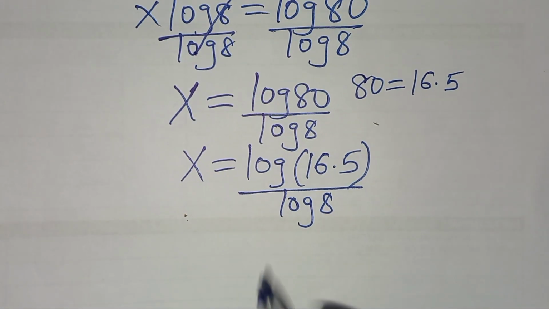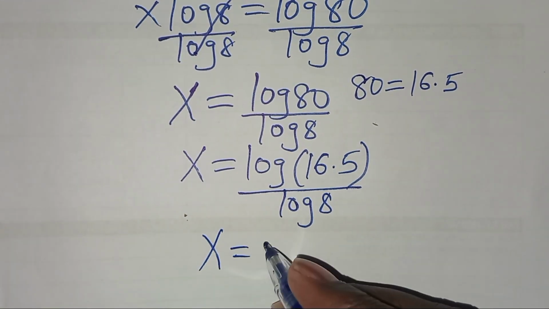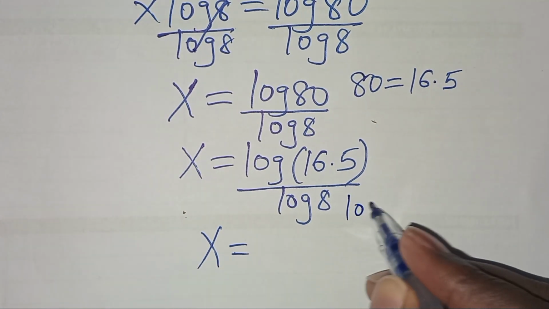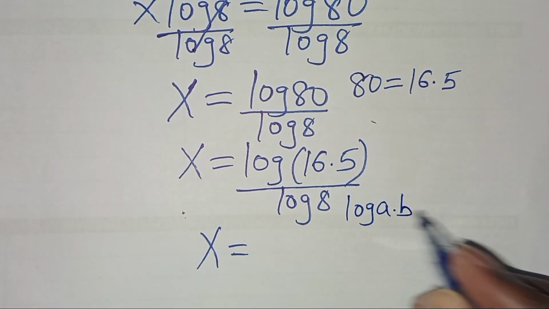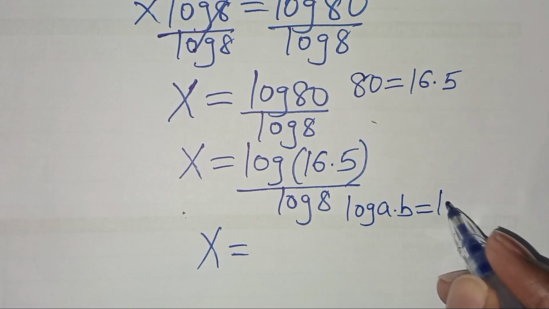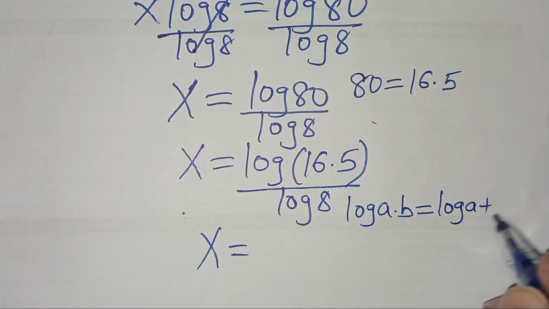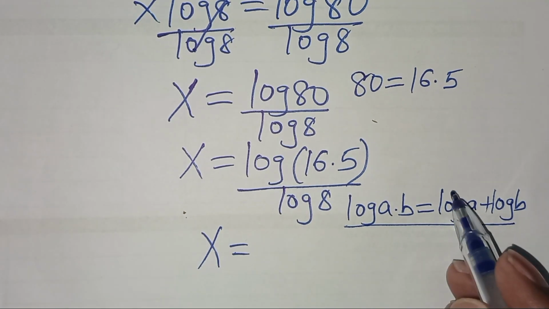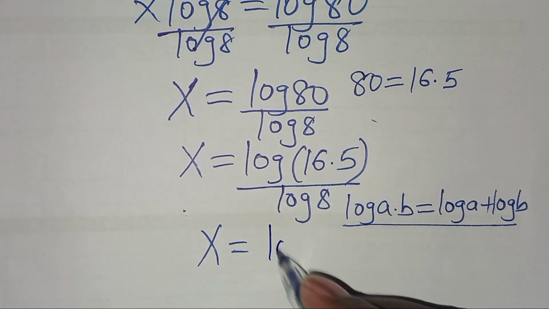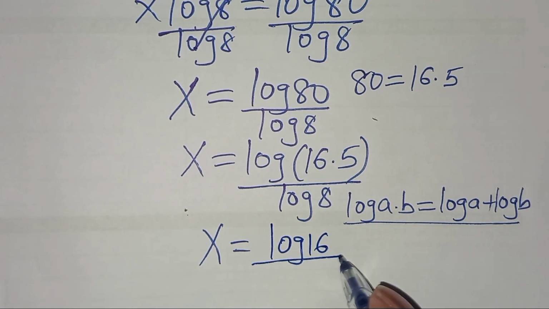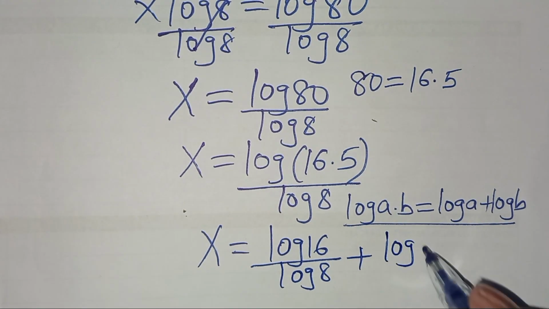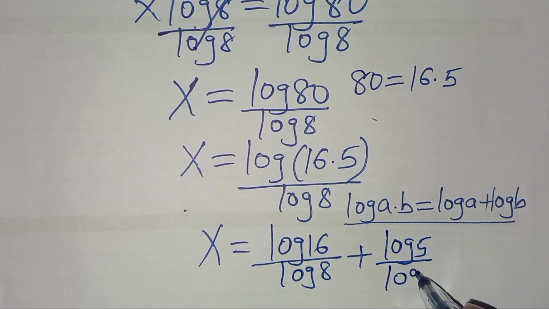The next step here is, now log 16 times 5 is in the form of log a multiplied by b, which we can express as log a plus log b. So applying this logarithm property, then x is equal to log 16 divided by log 8 plus log 5 divided by log 8.